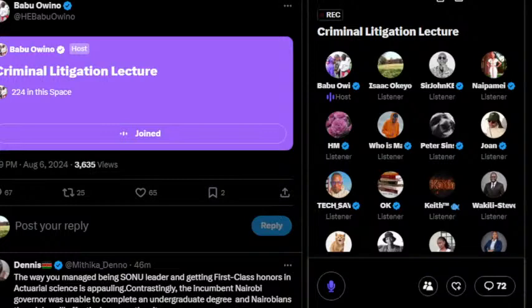Therefore, you move to the High Court using a petition in criminal litigation, a constitutional petition. You say clearly that you want to review the decision of the DPP, or the DCI who decided to investigate you, and they should not investigate you. It is unlawful investigation. You go under judicial review for the judiciary to review in the High Court. Those are the grounds for judicial review.